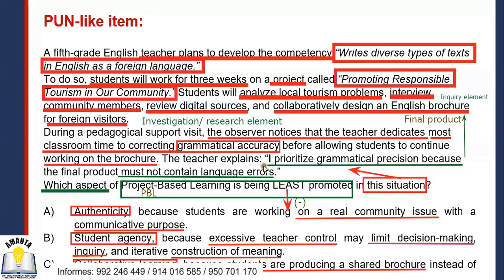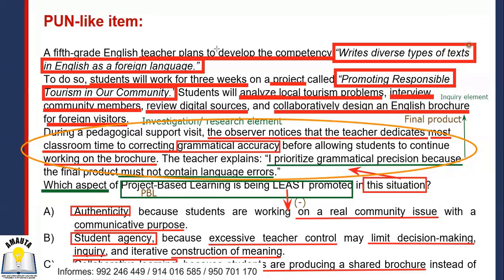Okay, one more time. Read the question carefully. Which aspect of the PBL is being least promoted in this situation, the situation with the observer, the Minedu observer, right? Okay. Authenticity, collaborative learning. What do the teachers say in the chat box?